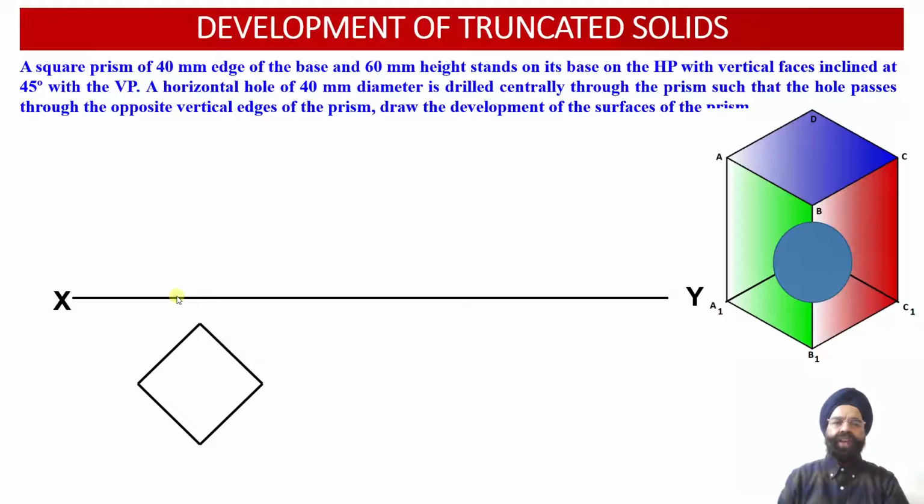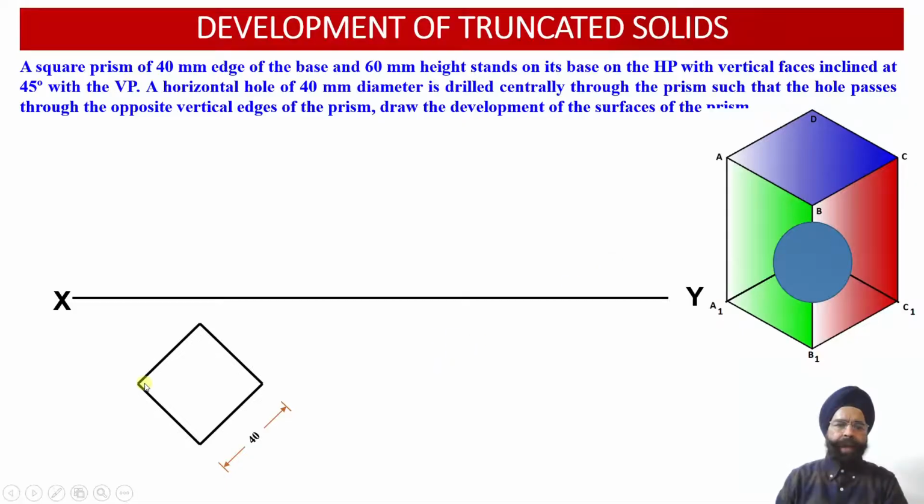We know that the edge of the base is 40 millimeter. Once the observer looks at the square prism from the top, we are going to obtain the square projection in this orientation drawn on the horizontal plane.